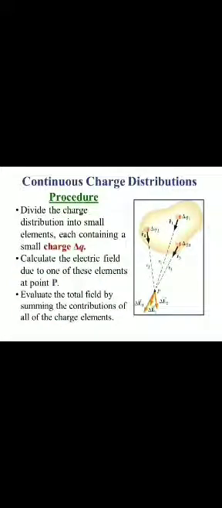In this session, we are going to discuss continuous charge distribution and Gauss's law. Continuous charge distribution: the procedure is to divide the charge distribution into small elements, each containing a small charge delta Q. In all cases, it is not necessary that discrete charges like Q1, Q2, Q3, etc. are present.